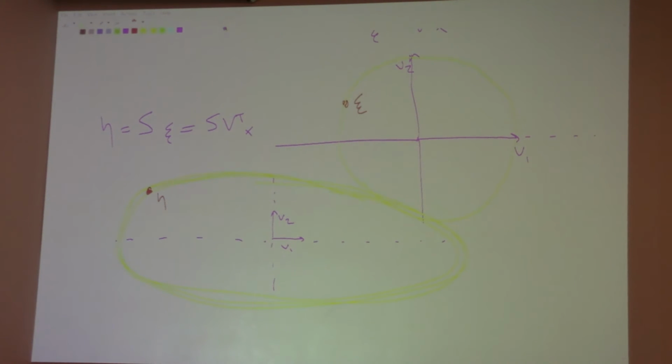So if I look at the norm of this red point here, eta, the norm does not change when I multiply by u. So it turns out that the 2 norm of eta is going to be equal to the 2 norm of a times x.